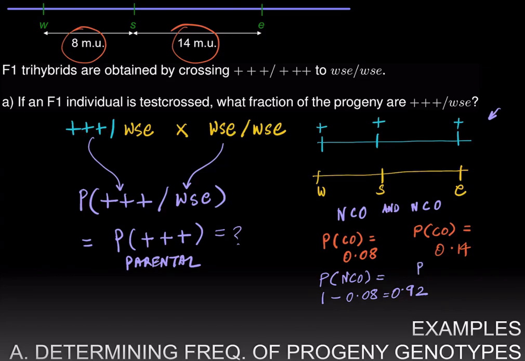Similarly, the probability of no crossover between S and E is 1 minus 0.14, which is equal to 0.86.